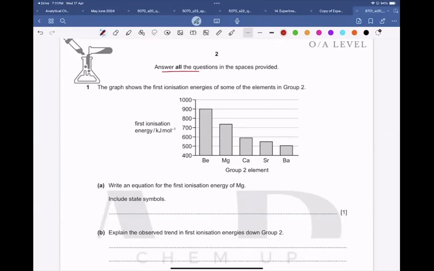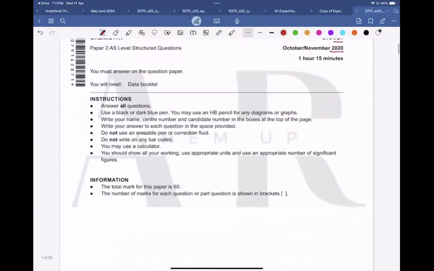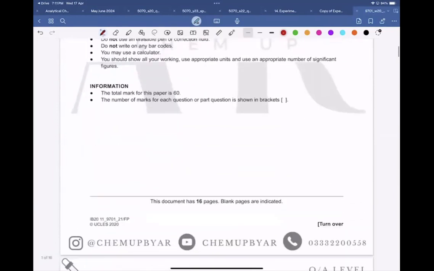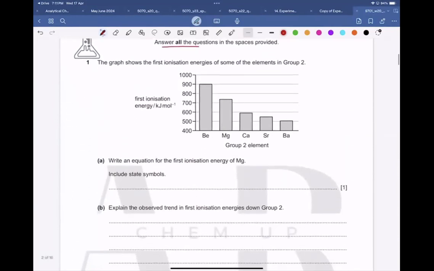And at the end of the paper, you have a periodic table and the constant values. Okay, so there will be no choice in the paper. And you have to do a lot of practice because you have this time only for the past papers. Okay.